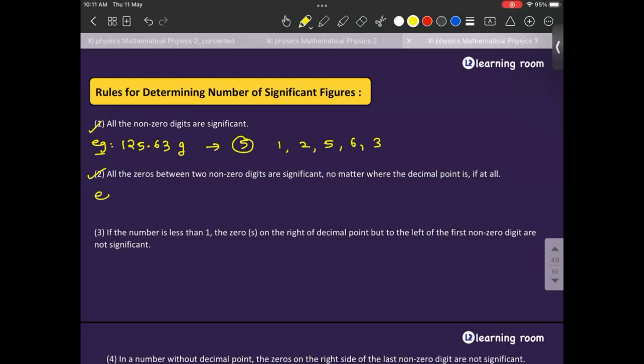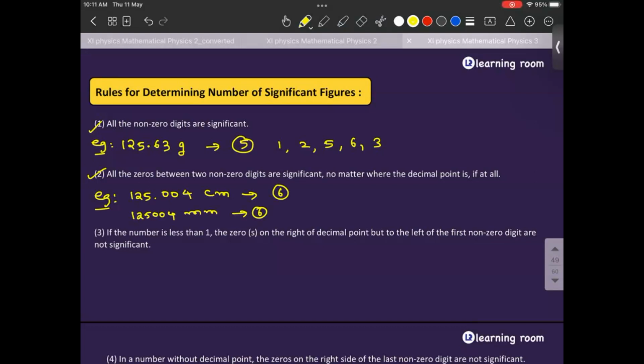For example, 125.004 centimeter, or 125.004 millimeter. What is the answer for this? Here there are 6 significant figures, and here also you have 6 significant figures. Reason?